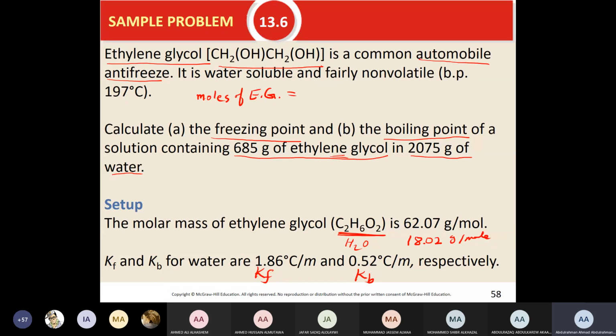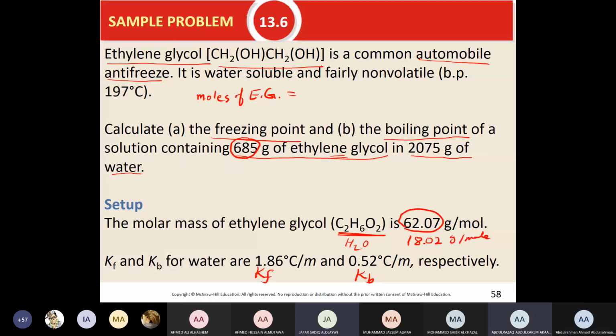What's the number of moles? What are you going to do? Divide. Yes, 685 mass by molar mass, 62.07.